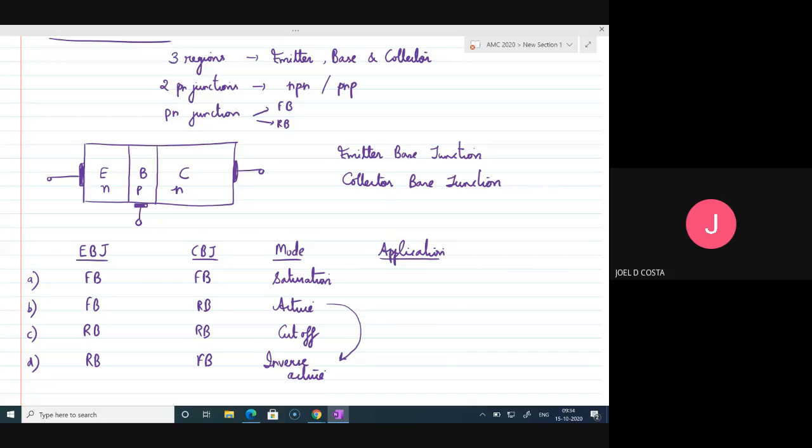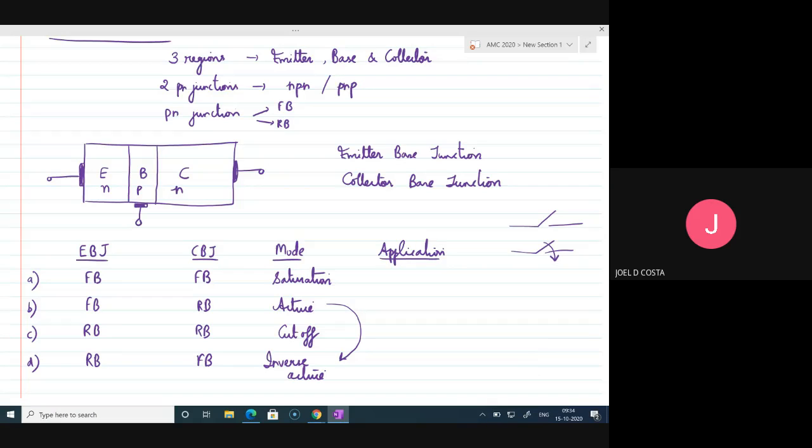Closed switch. Okay, if I want to use something as a switch, there are two modes, right? One should be open and one should be closed. So how will you say in cutoff region we can use it as a closed switch? When you say closed switch, current will flow through that. Open switch. In cutoff, current will not flow.